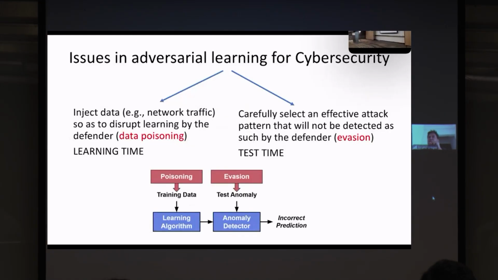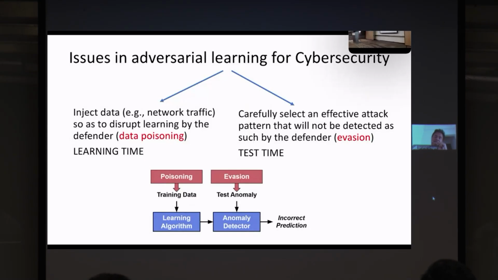And as the implementation of these classifiers became more popular, more and more people worked on this area, and there is now quite a body of work on adversarial machine learning, and we can, broadly speaking, classify these attacks in 2 classes.